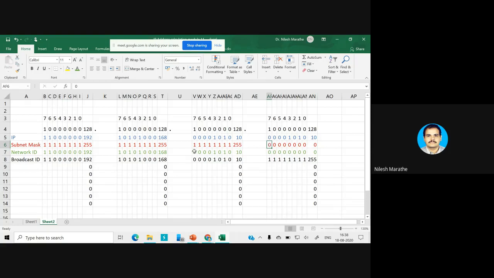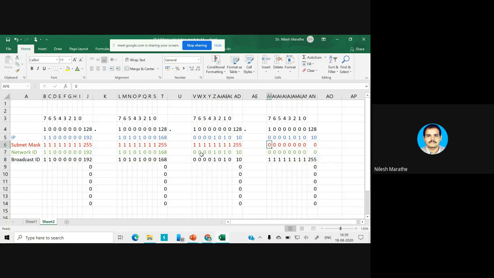In this subnet mask, the last octet is fully 0, so the last 8 bits are host bits. Just make all those last 8 bits 1. That is called the broadcast ID, or the last ID of that particular block. Is this clear?